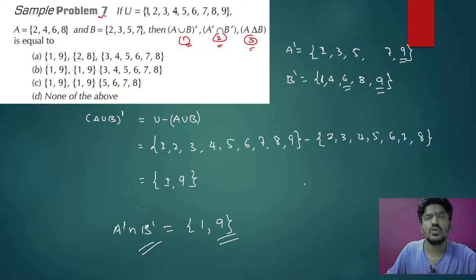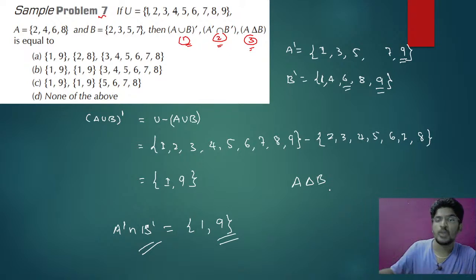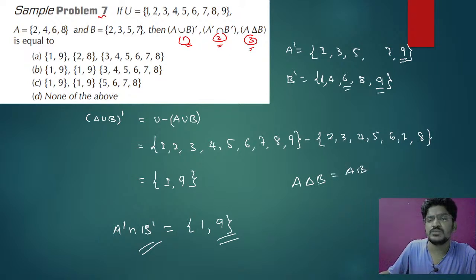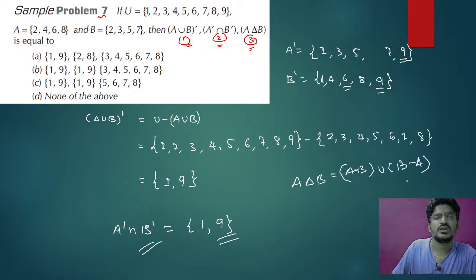Now go for symmetric difference of A and B. What is it? A minus B union B minus A. So what is in A minus B?